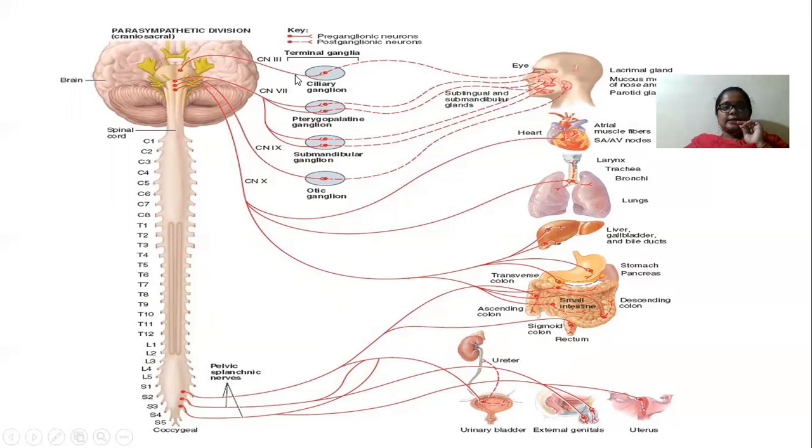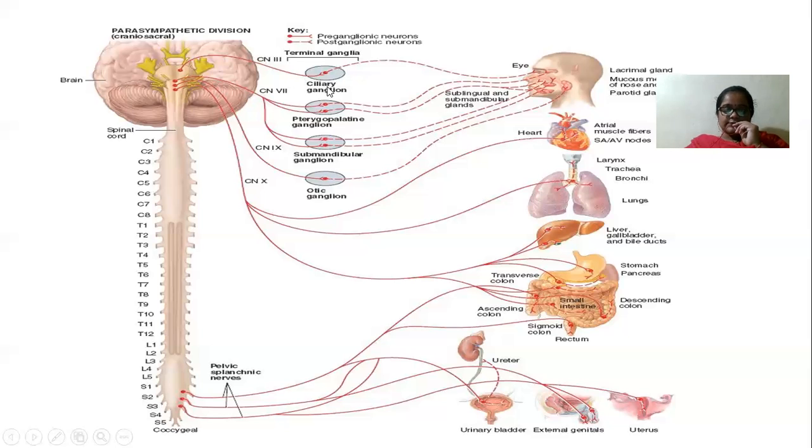Okay, and the next thing is that here there is only one kind of terminal ganglion, whereas in the sympathetic nervous system there are 2 kinds of ganglia, the sympathetic trunk ganglion and the prevertebral ganglion. This terminal ganglion is present almost near the effector organs.